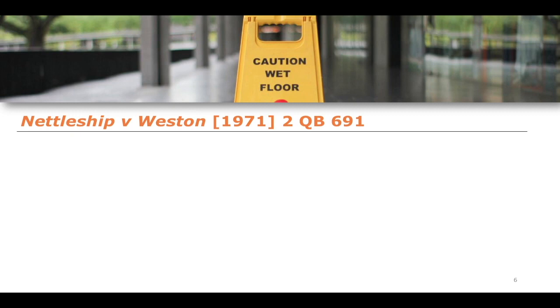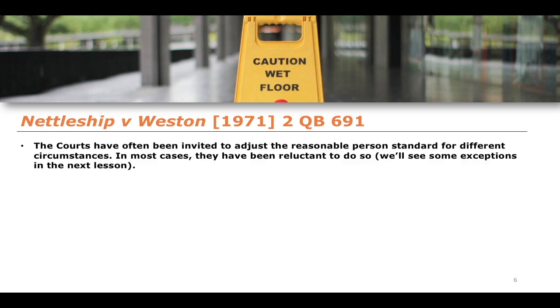We will get to the application of the standard of care when it comes to children in a future lesson, because the standard of care does adjust, but only in certain circumstances, i.e. the age of the child has to be significantly lower than the age of majority. But the case of Nettleship and Weston talks about the idea of competence and the varying levels of competence, and whether or not this could adjust the standard of care in these examples.